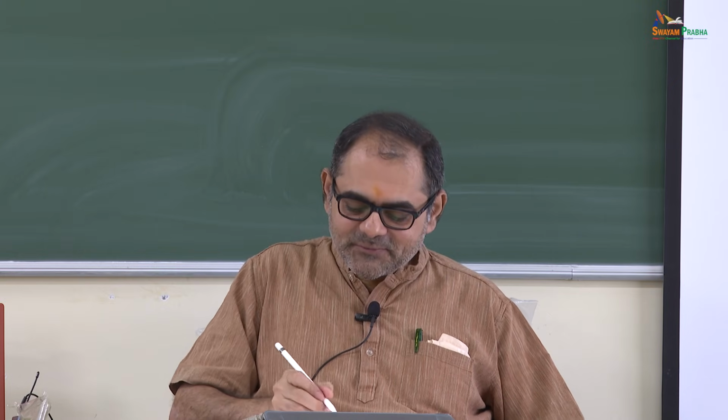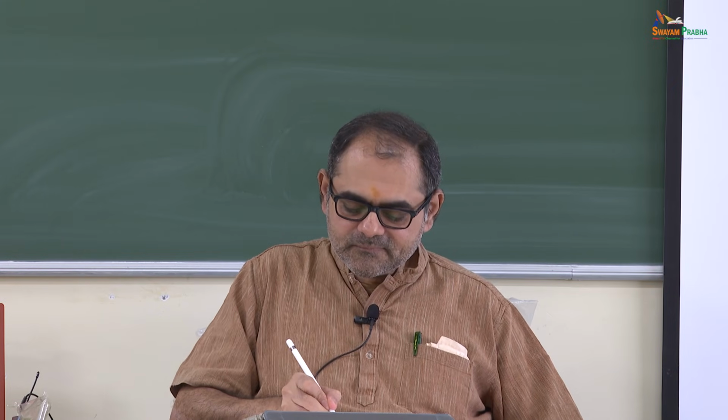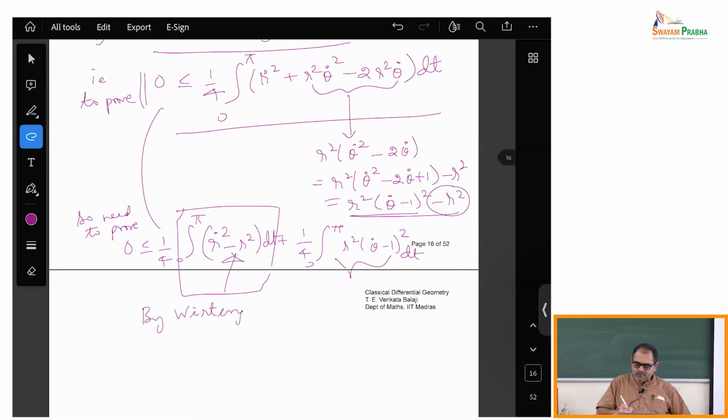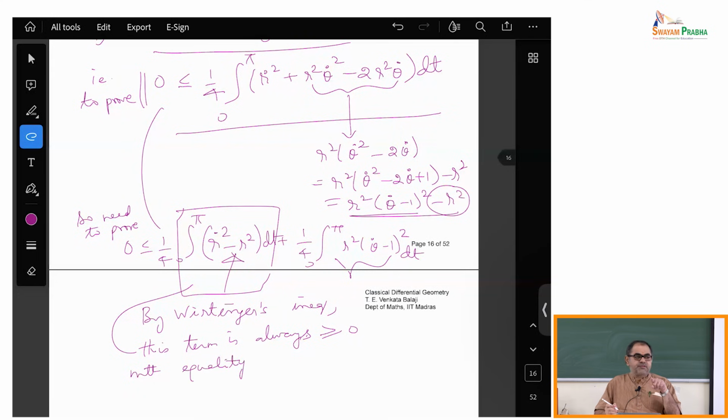So the moral of the story is, by Wirtinger inequality, this term is always greater than or equal to 0, with equality only when the function is a constant multiple of the sine function. So with equality if and only if r of t is d sine t, d a constant.